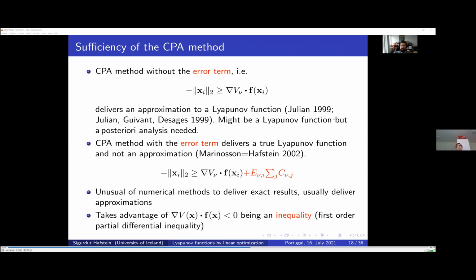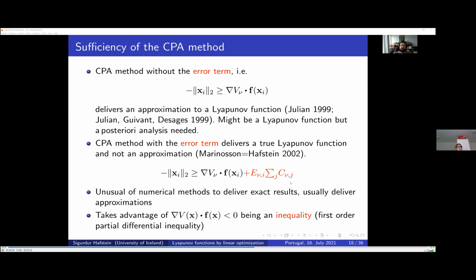So what we have seen is that if we get a feasible solution to a linear optimization problem, then we have a Lyapunov function. The first version of this was proved in 2002. It was essentially by adding these terms here.